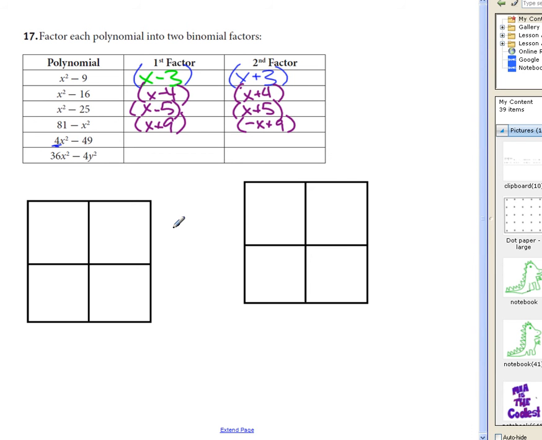It is a two words. A perfect square. Okay, 4 is a perfect square, yeah? Say yes. Yes. Okay. So what can we times by itself that'll give you 4x squared? 2x. 2x times 2x is 4x squared.